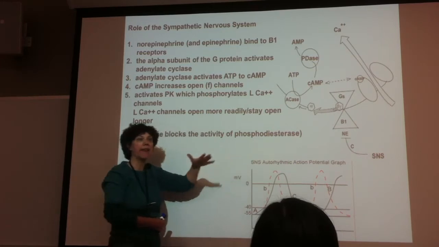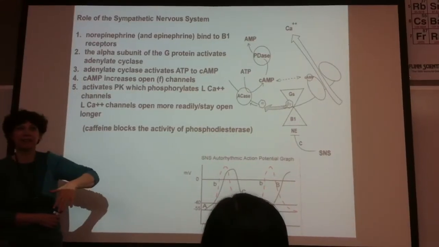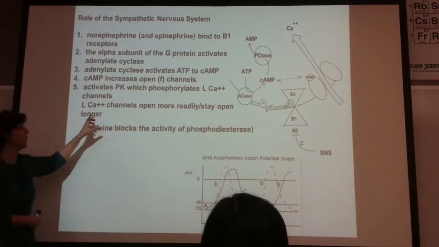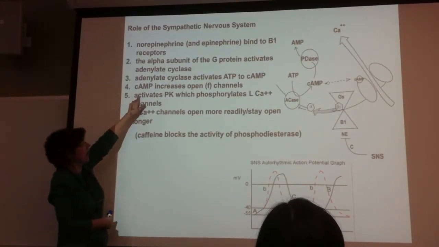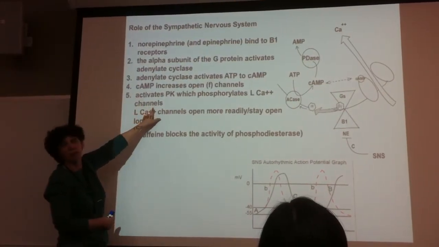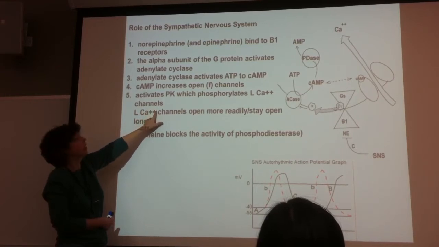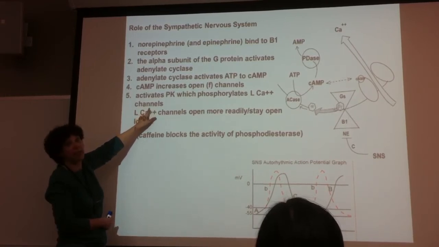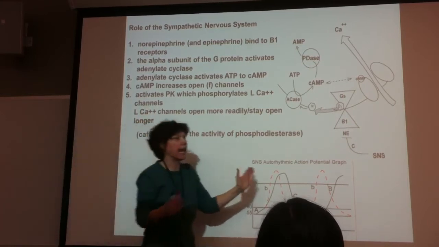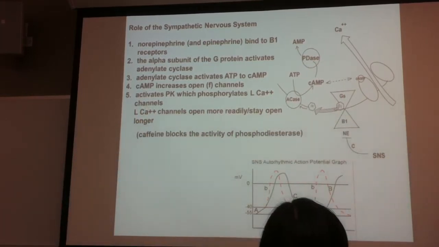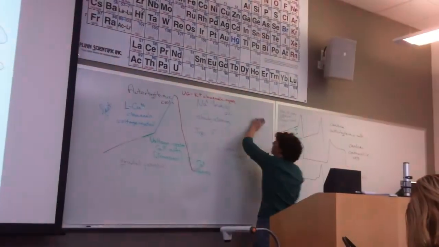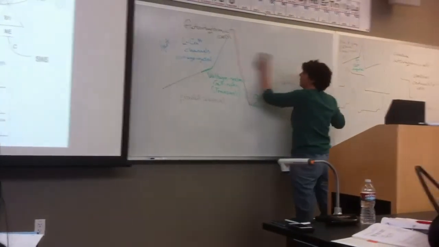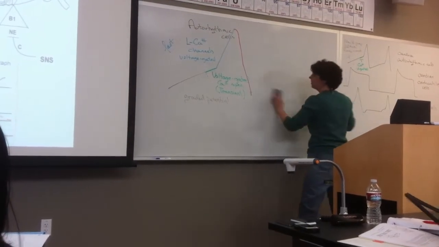So the cell doesn't have to hyperpolarize as much. I'll diagram this on the board so it's not just words, okay? It also causes those long-lasting calcium channels to open earlier and to stay open longer. So what we see is this action potential occur more readily. So let's look at that. Now, I think that will answer your question with pictures rather than words.